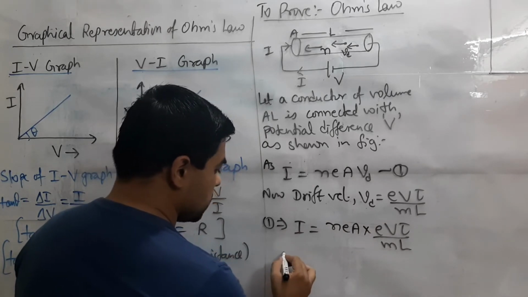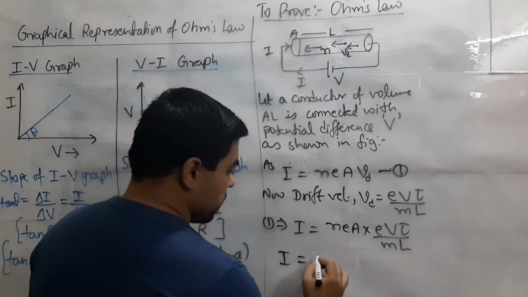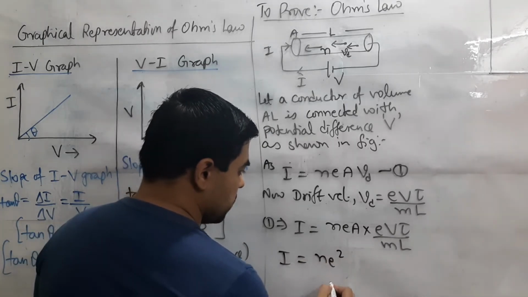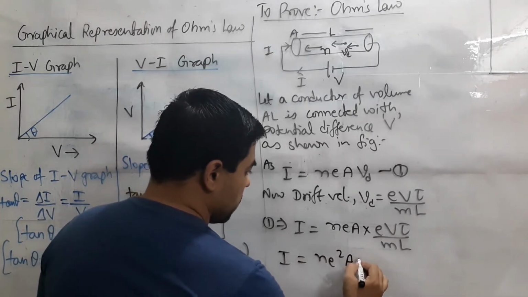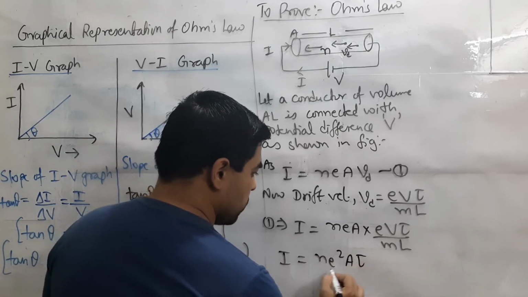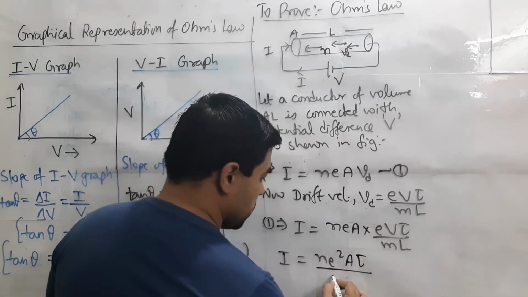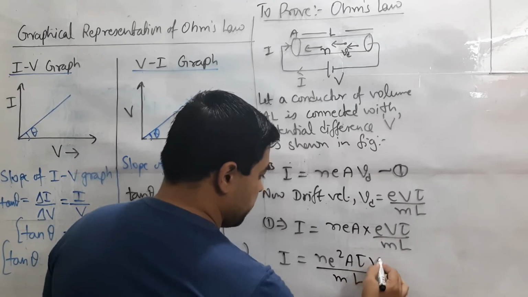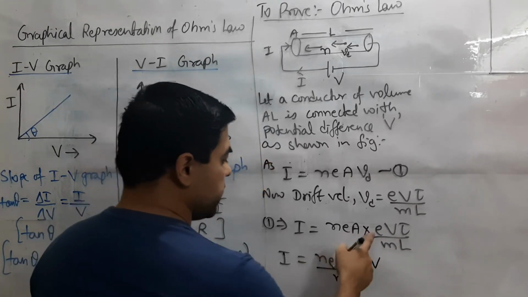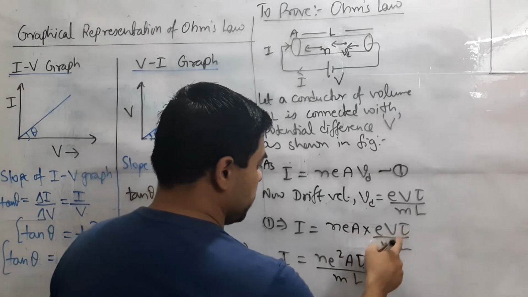So the relation is I equals n e squared A tau V upon m L.